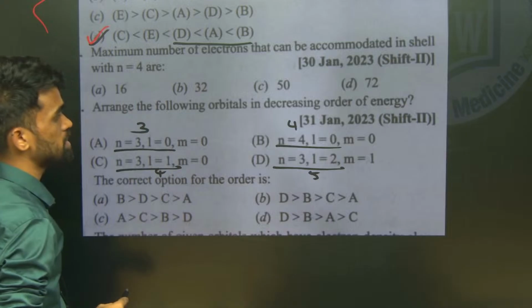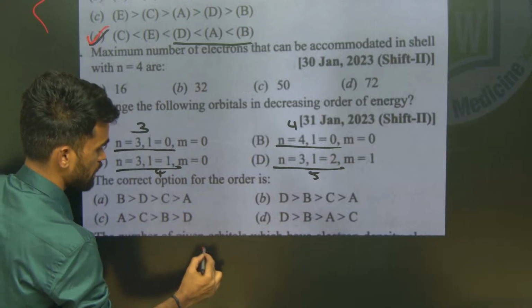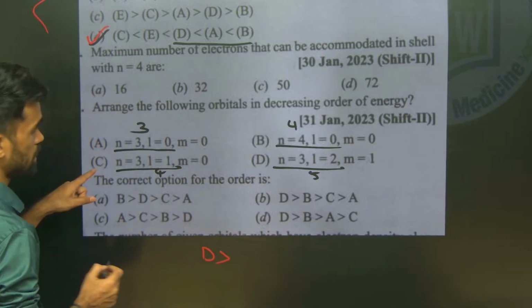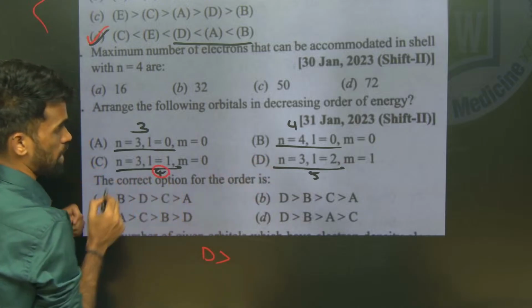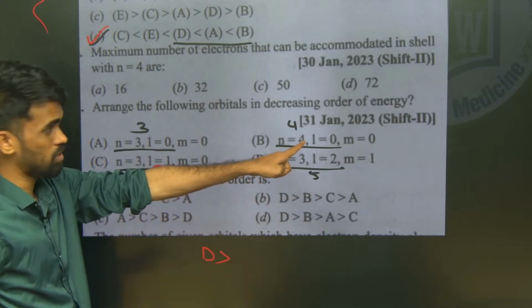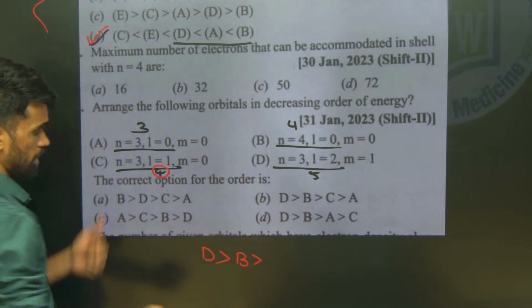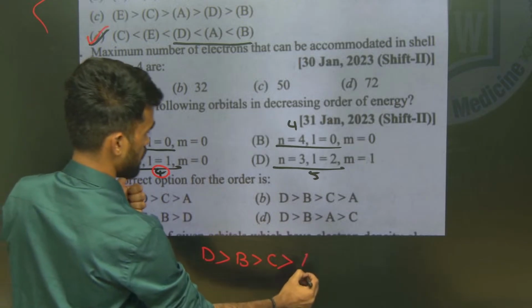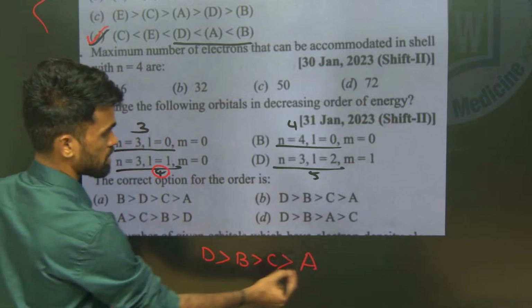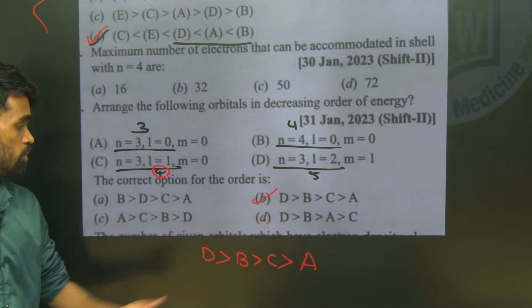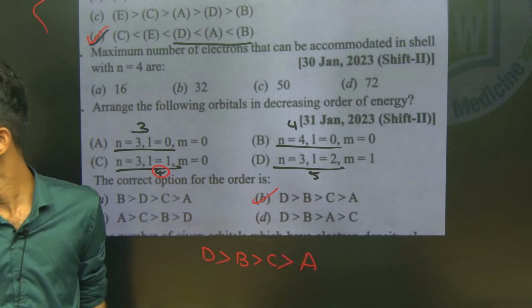So highest energy is for D. After that C and B are having the same n plus l values, but the n value is greater here, so write B here. And next C, and the least is for A. So where do we have D, B, C, A? Yes, option B will be the correct answer as this order is followed there.